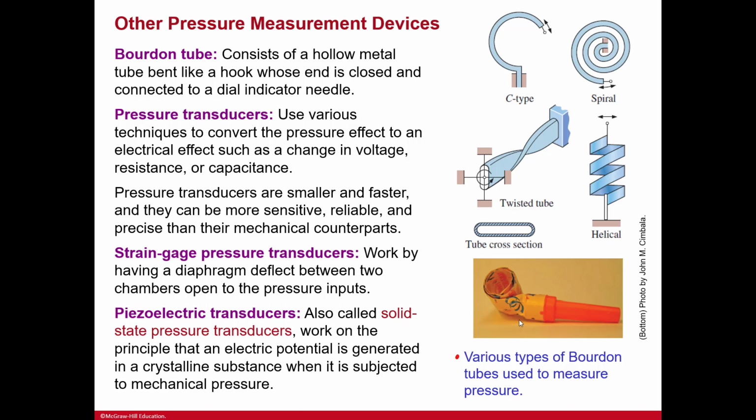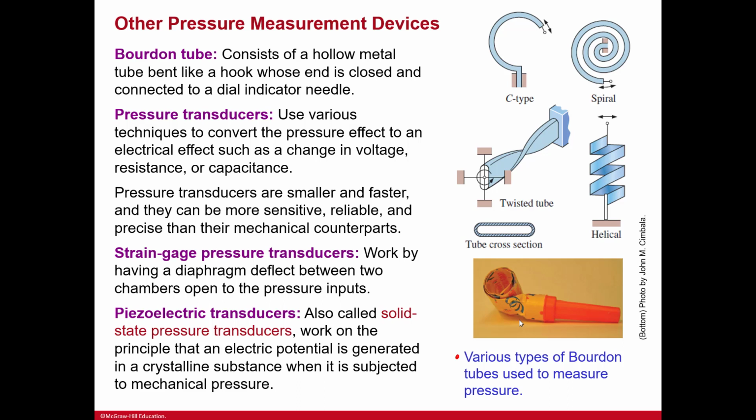Strain gauge pressure transducers work by having a diaphragm deflect between 2 chambers open to the pressure inputs. And so this measures the strain on the material and is able to map it.